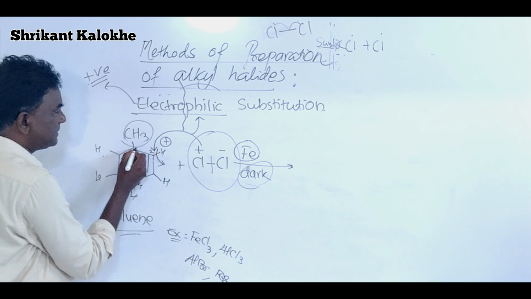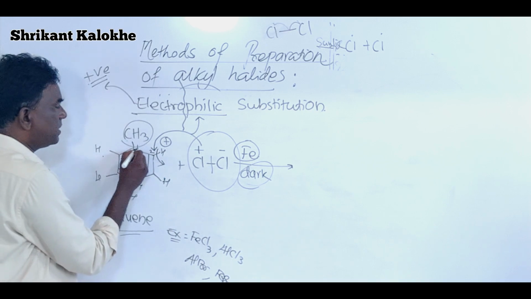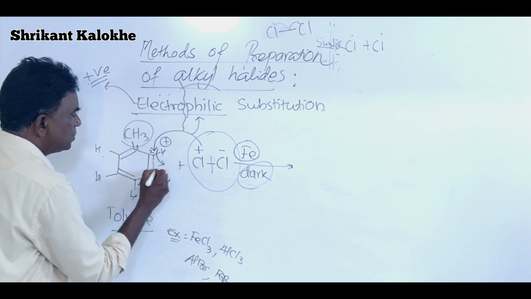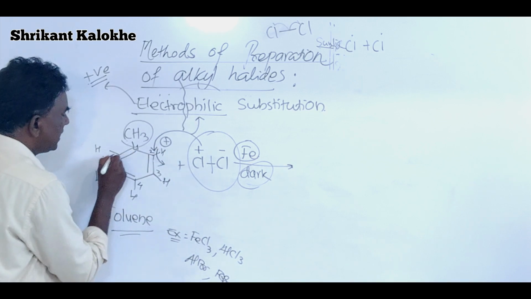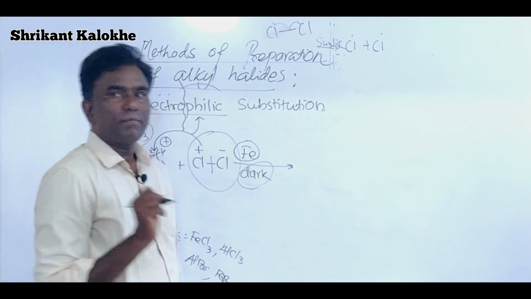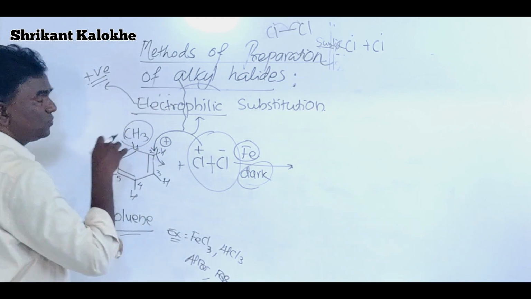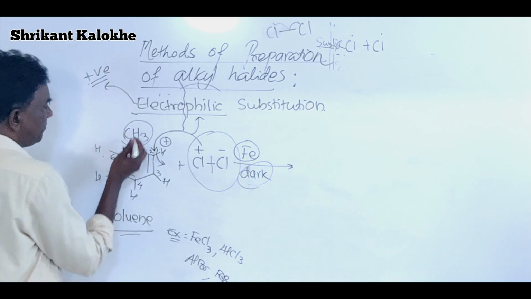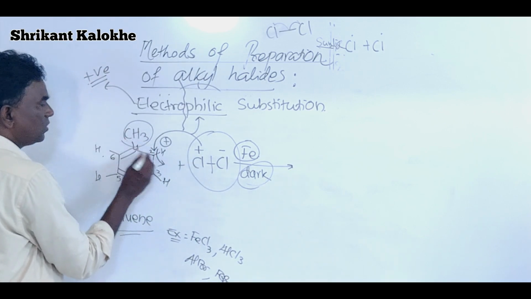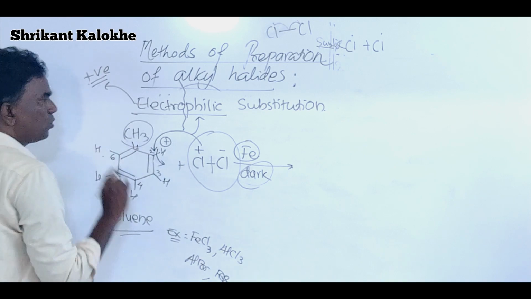Means by considering the methyl carrying carbon first, we will number this ring in clockwise manner 1, 2, 3, 4, 5 and 6. And it has been observed that because of this plus I effect, you will discuss it later on, because of this methyl group, this chlorine plus gets substituted only on second carbon and 4 carbon.